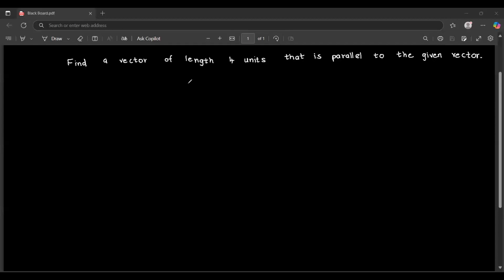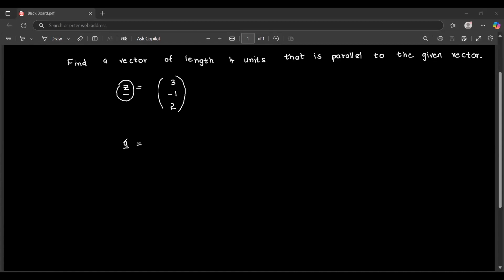Let's say the given vector is z, which is equal to (3, -1, 2). So we have to find a vector of length 4 units. First of all, we will find the unit vector of z, and let's name it a.